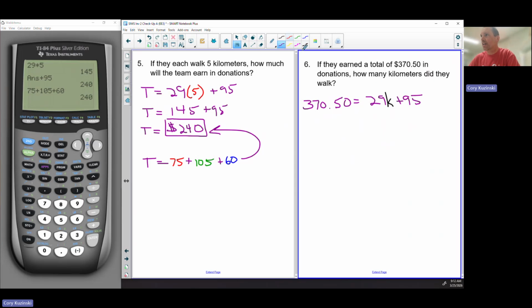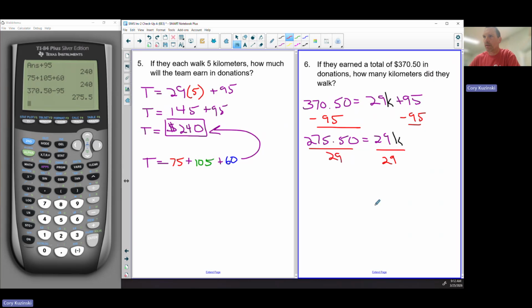So if I subtract 95 from both sides, start solving this two-step equation, 370.50 minus 95. So that means they earned $275.50 from their walking, after the $95 that they were gifted. And then I'm going to divide by 29 here.